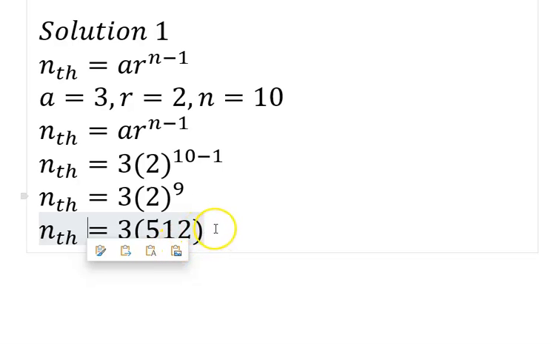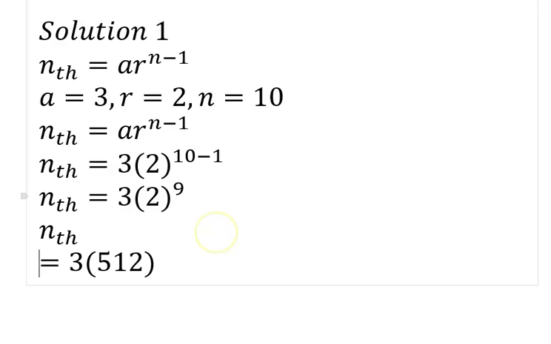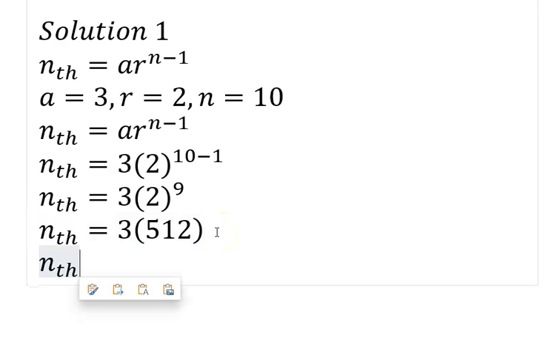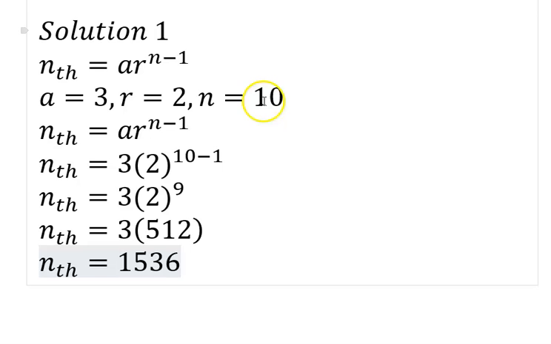So if you bring that to calculator and punch (512) times 3, that should give you 1,536. Beautiful. So that's our 10th term.